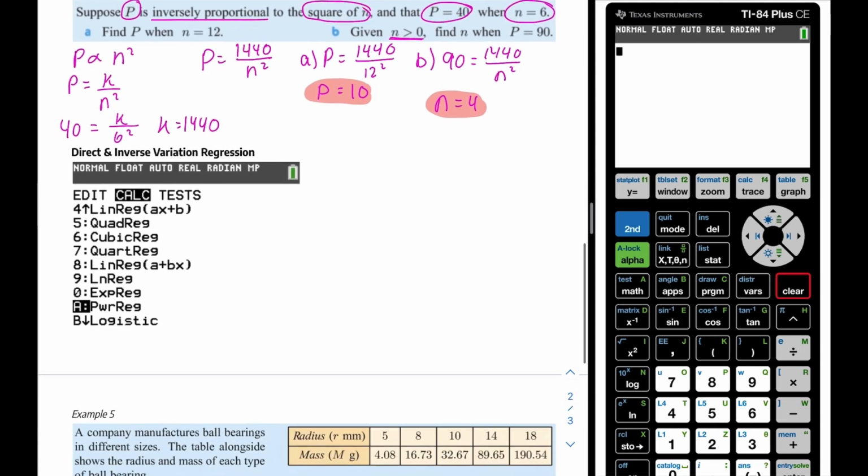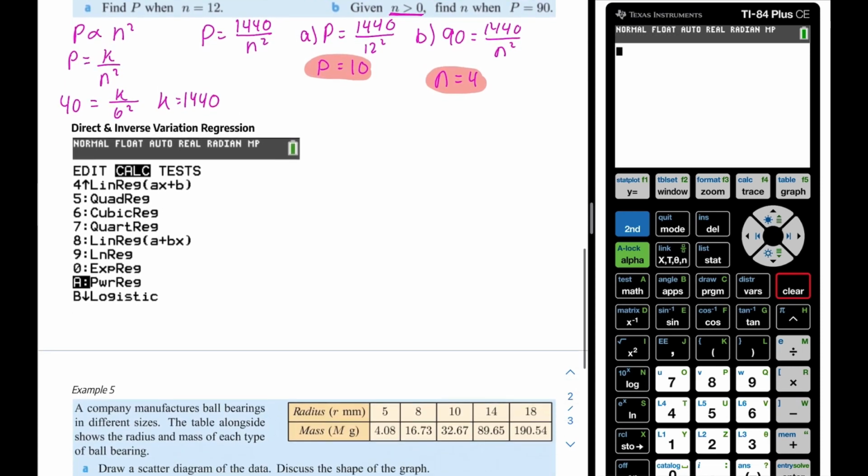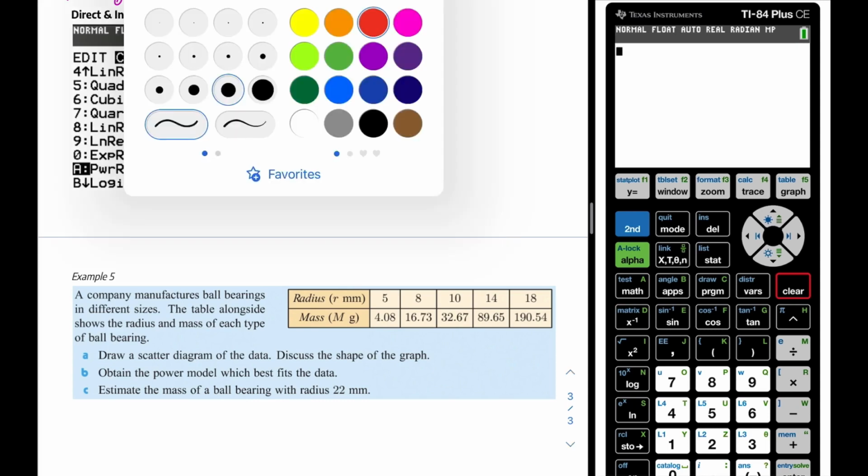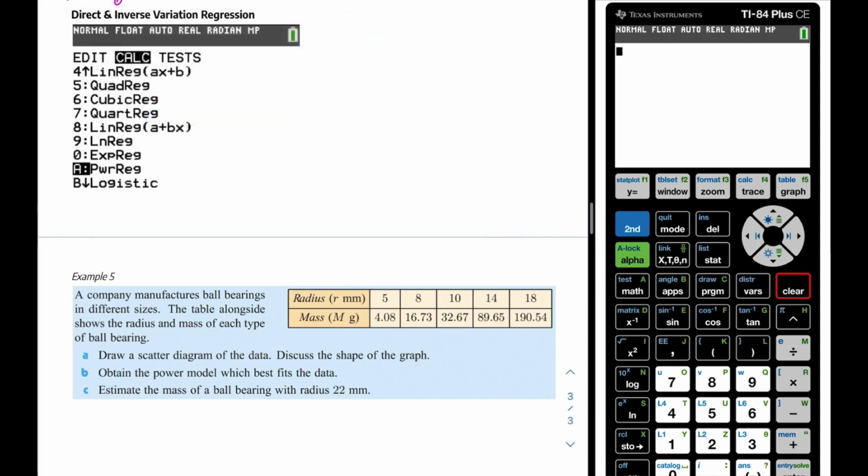Now, sometimes the questions will not be asked in this manner, but instead they're going to give us some data points. So sometimes they're going to give us some data and they're going to ask us, what is the best equation for this model? If they ask to find an inverse or a direct variation model, we're going to be using in our calculator what's called the power regression.